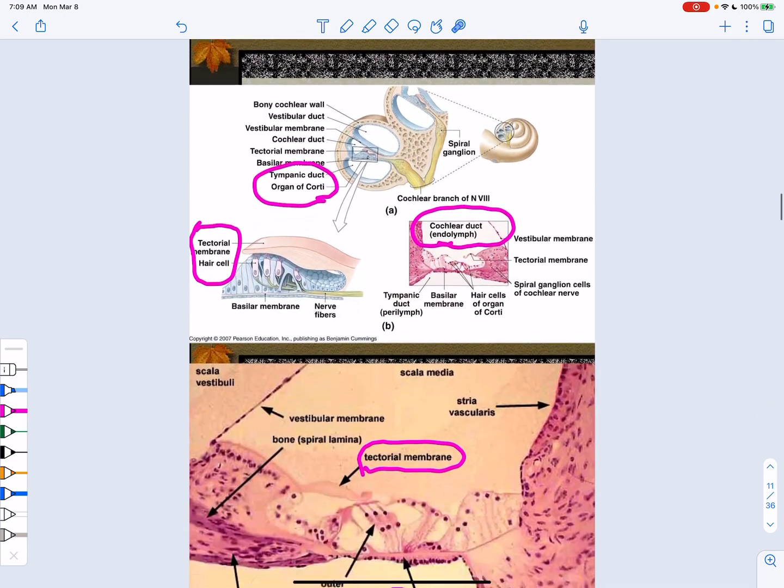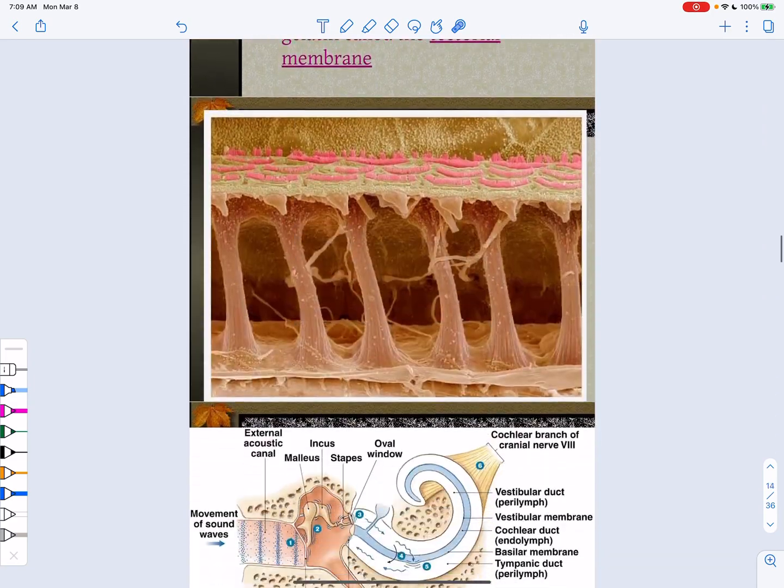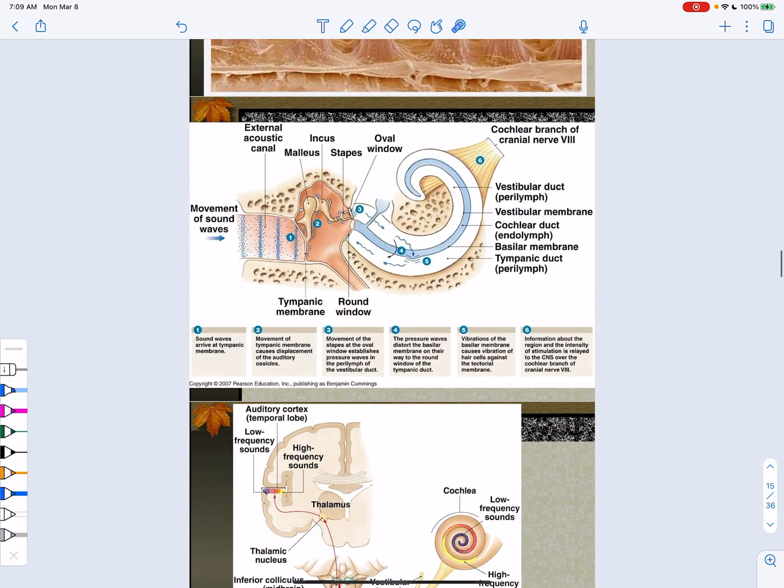And sound, as it comes into the ear, will vibrate, of course, the ossicles, as we've already talked about, and it passes through the oval window. And then when it passes through the oval window, it can travel in this duct.